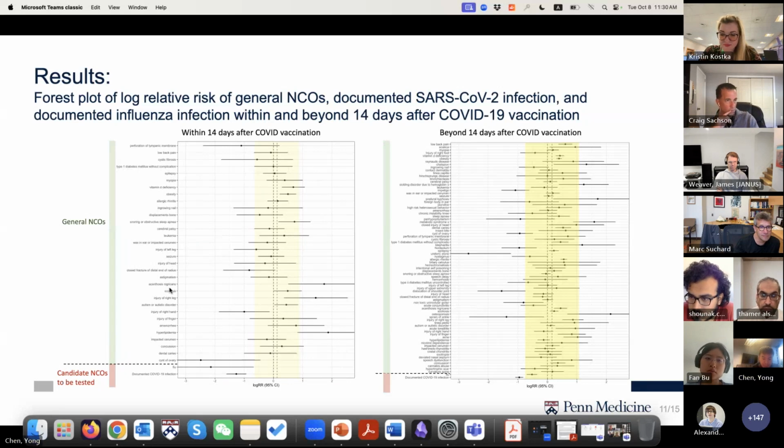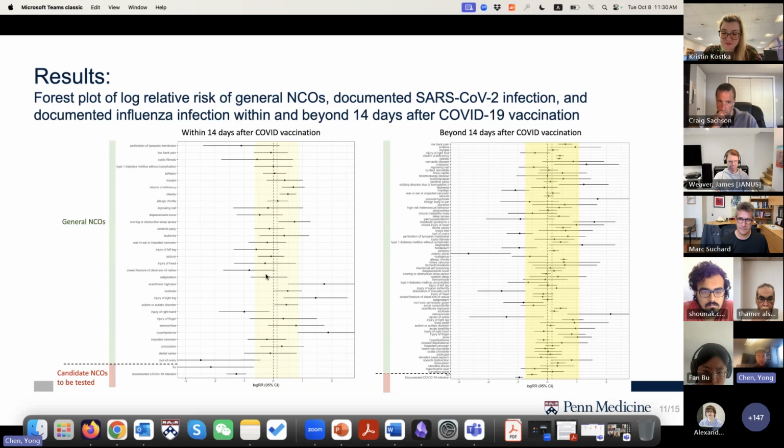But on the other hand, if you look at the confidence interval for the candidate NCO, which is 14 days infection, you can see this confidence interval seems to be quite different from the rest of the estimates. So this yellow band is a confidence band estimated from the general NCOs.